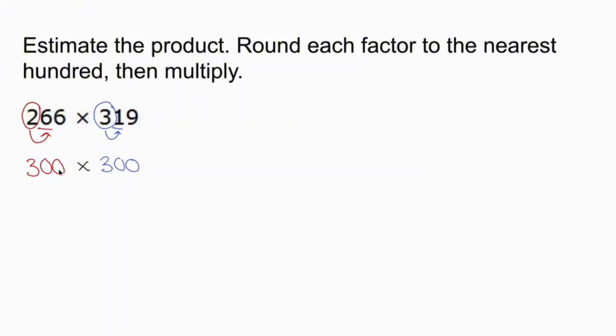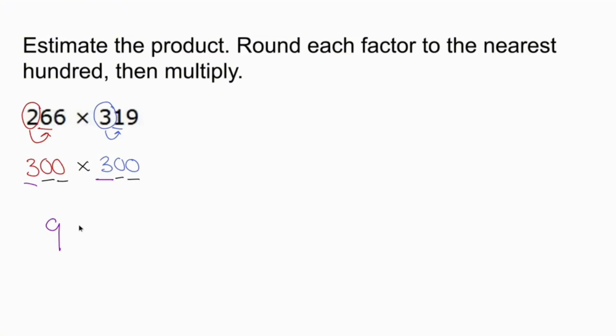Now we multiply 300 times 300. Well, whenever you multiply numbers that are multiples of powers of 10, like 300 is 3 times 100, you multiply 3 and 3. Multiply the digits that are non-zeros at the very beginning. 3 times 3 is 9. Then you look at your remaining zeros. So you have 1, 2, 3, 4 zeros left over.